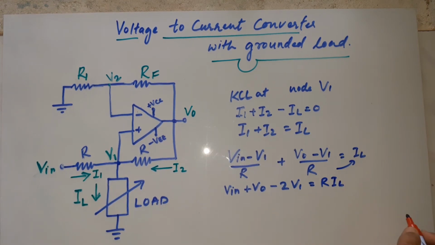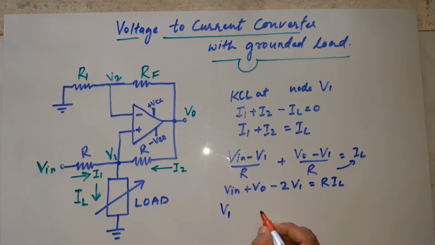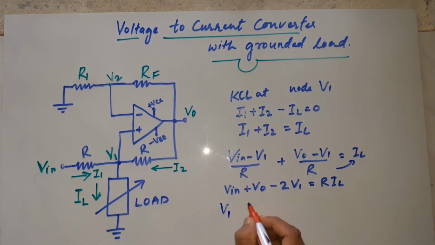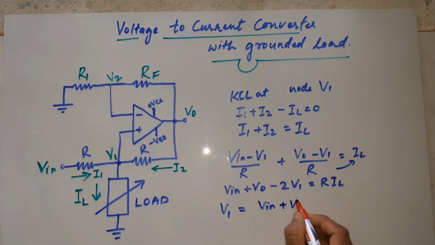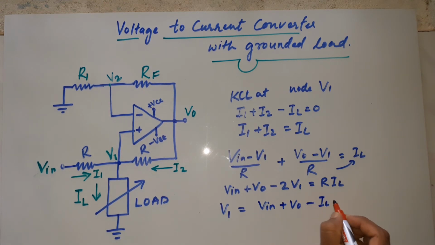All right. Now out of this, if I say I require V1, because our ultimate aim is to get voltage at V1. So V1 is obtained like this. V in plus V0 minus IL R. This IL R I have interchanged, not a big deal, right?